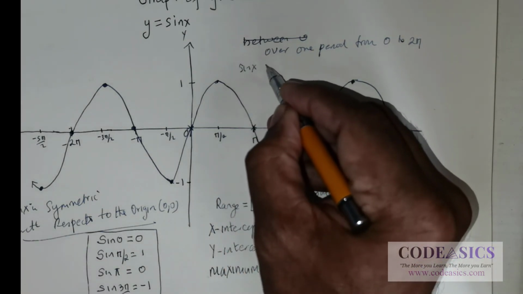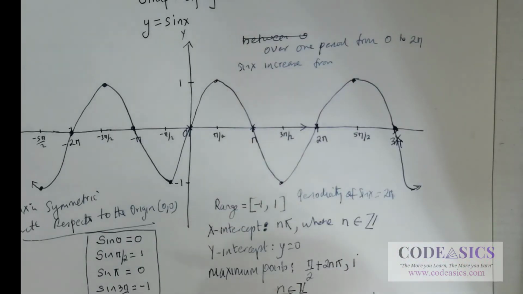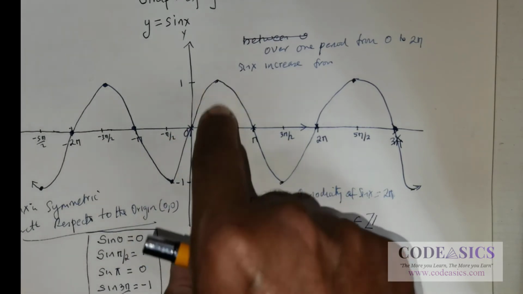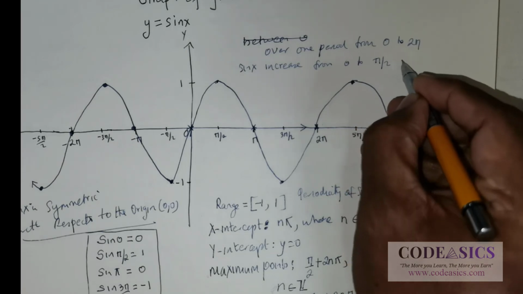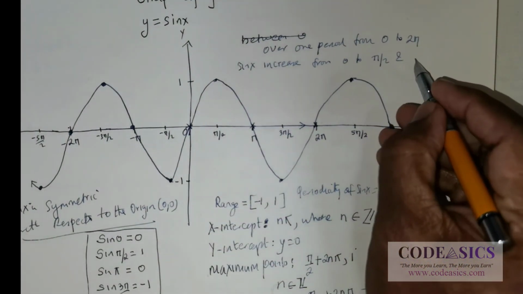Sine x increases, so where does the increase occur? From 0 to pi over 2, and it also increases from 3 pi over 2 to 2 pi.